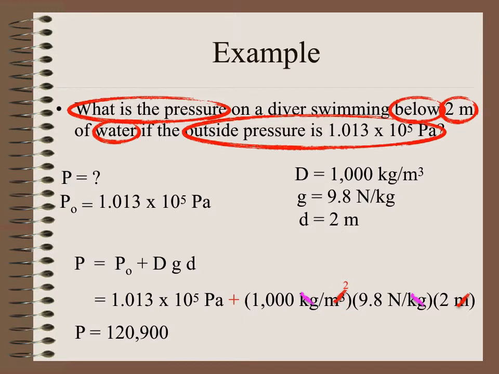So they're going to cancel and give us a meter squared. So we end up with a Newton per meter squared, which is the same thing as a Pascal. So our unit is a Pascal. So now you can see that the pressure below a fluid does increase the further down you go, and you can calculate it.